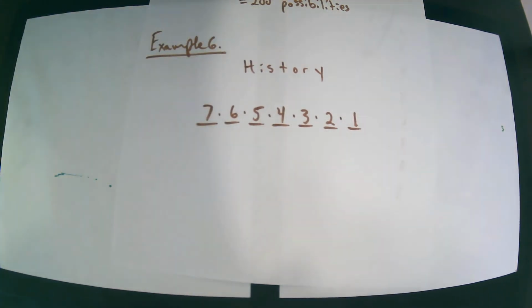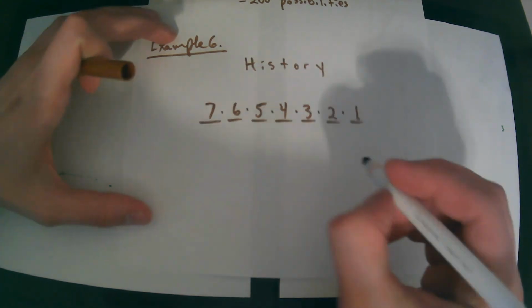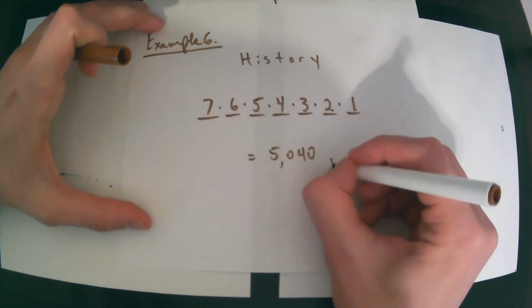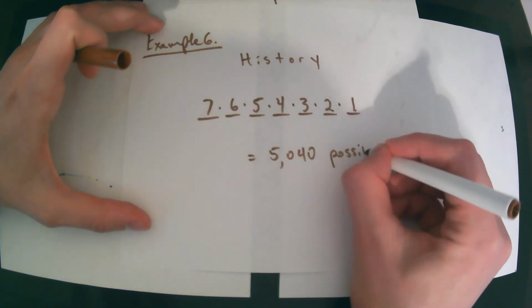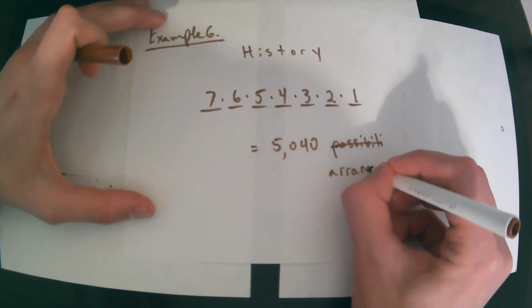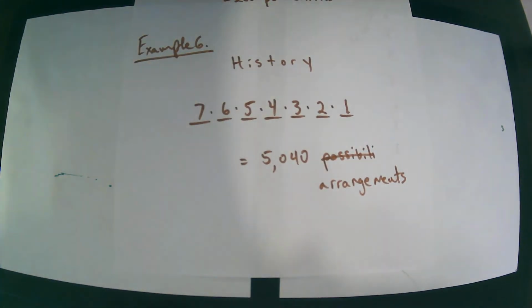And what is this? Does my calculator have a factorial button? Yes. Let me say not possibilities, but arrangements, because that's what they wanted. Arrangements of those letters.